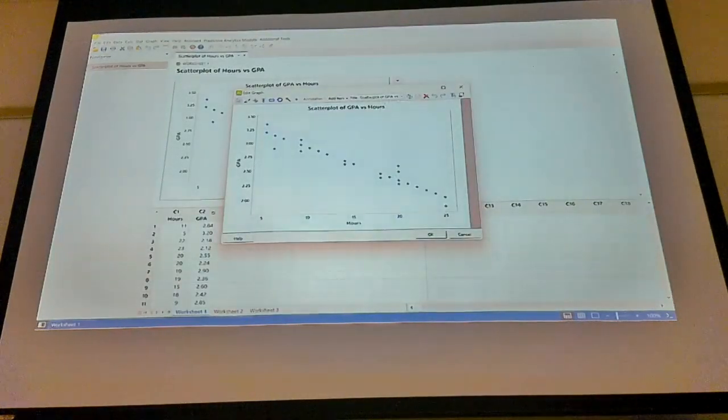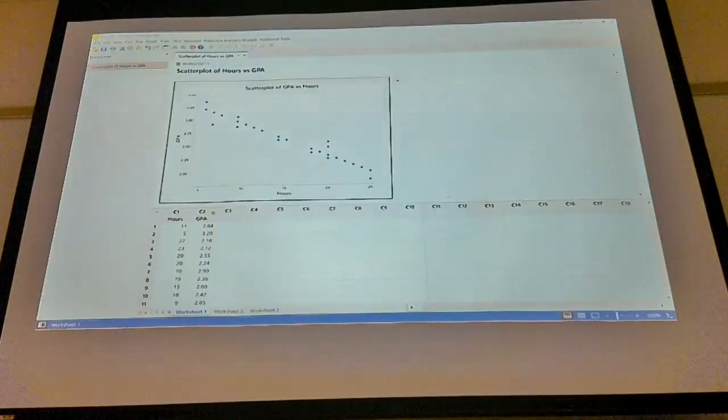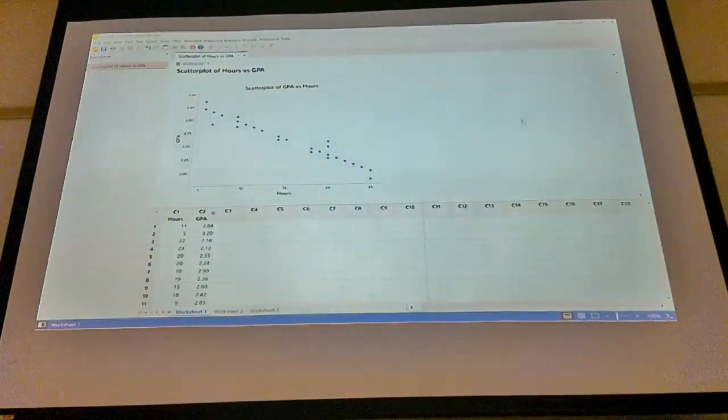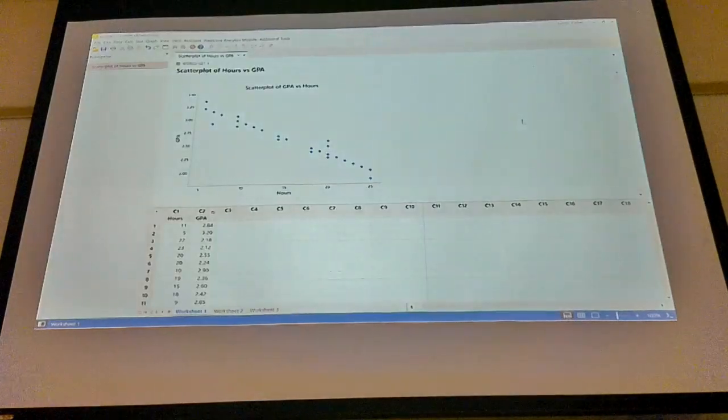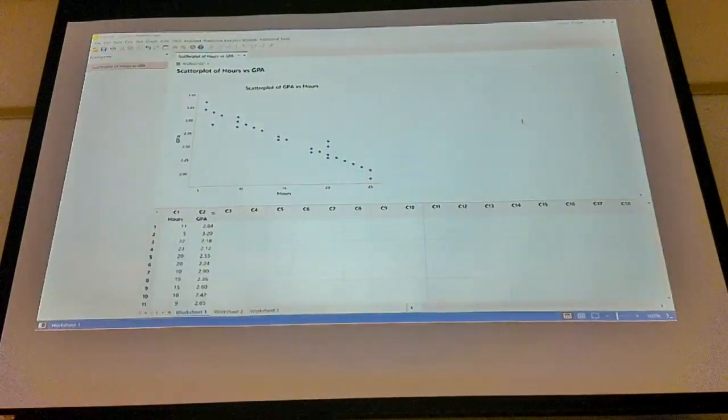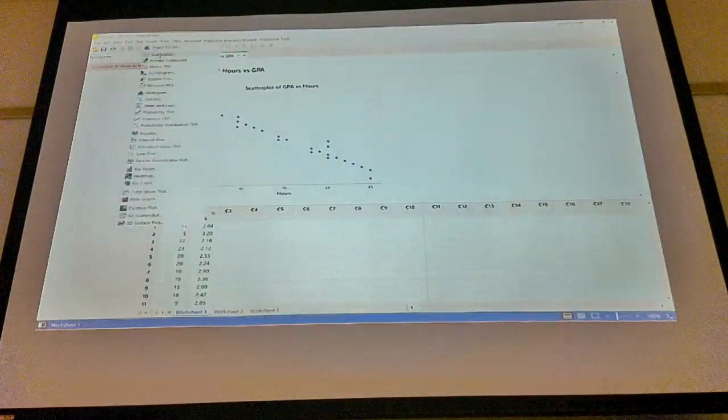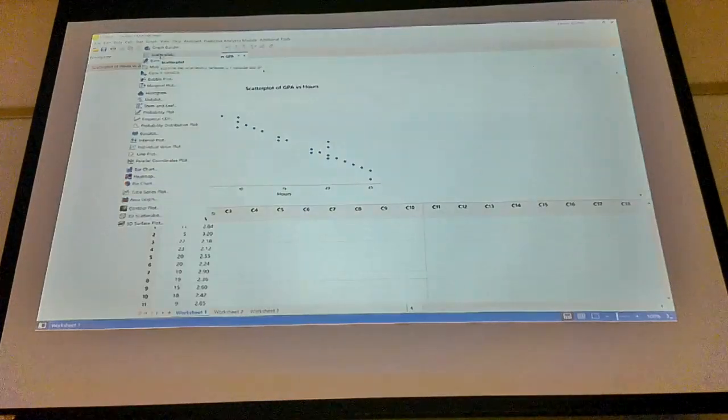It won't let me actually change the title. That's annoying. So you go to insert, graph, scatter plot, hours, and then just do the simple.